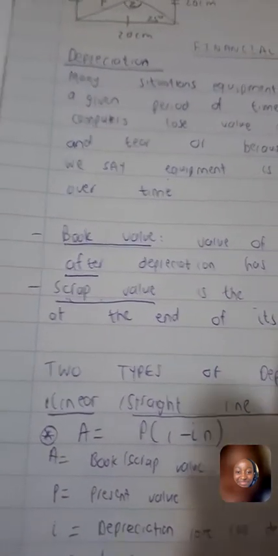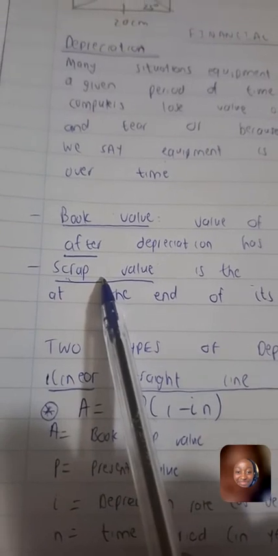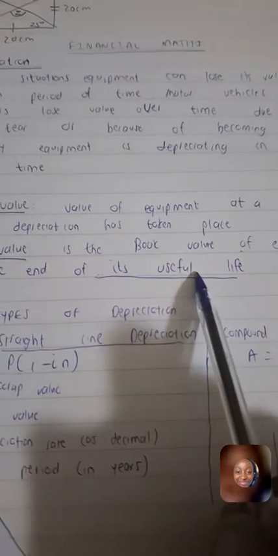But for scrap value, isn't it the same thing as book value because it's also after? Yes, it's also after, but remember, scrap value specifically is at the end of its useful life, when we no longer need to use that particular item anymore.